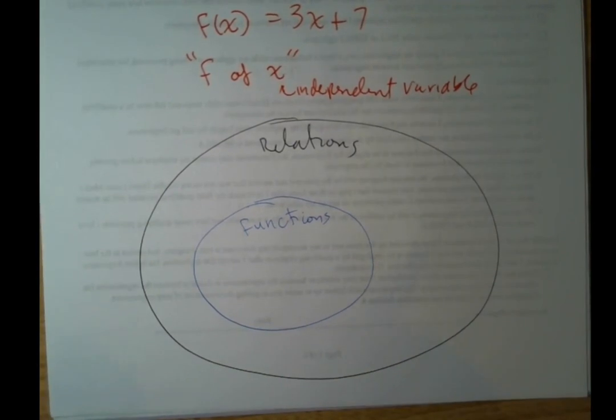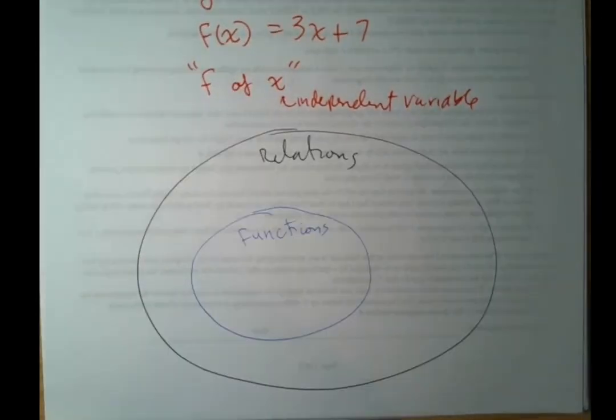They are a specific type of relation that satisfy the condition that each input leads to exactly one output. Moving forward, we'll look at other ways to determine whether a relation is a function, and how to evaluate the function using this notation. All right, thank you.